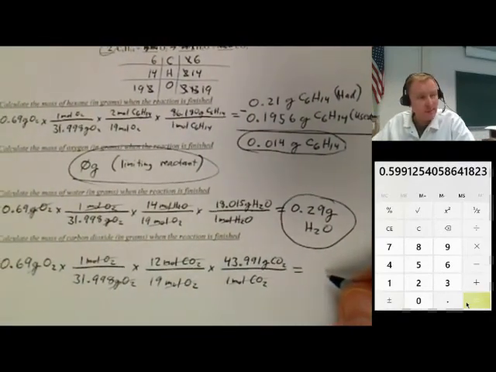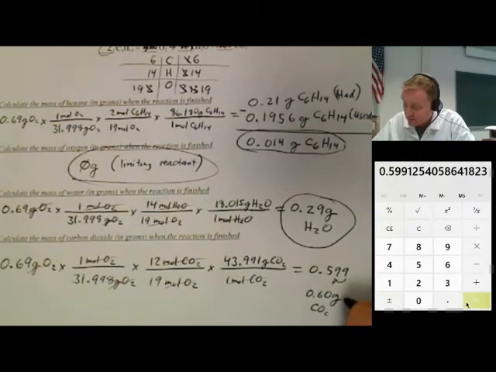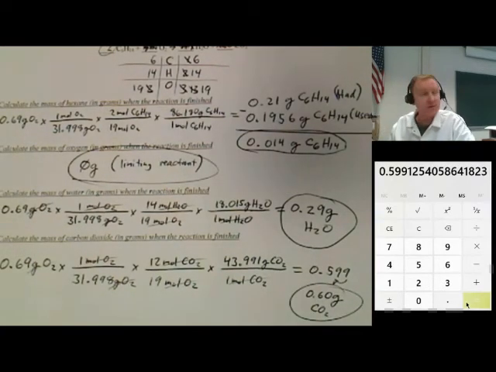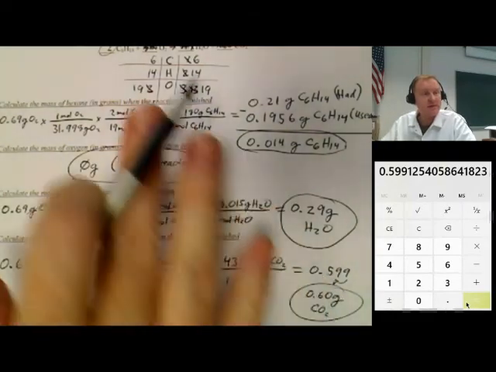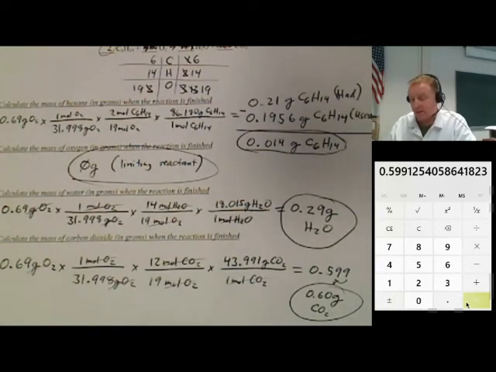And we come up with 0.599. So that would round this up, 0.60 grams CO2. Now there's some rounding issues here, but that's okay. So to double check my work, that's my answer now. I've got all of my values for all my reactants and products.